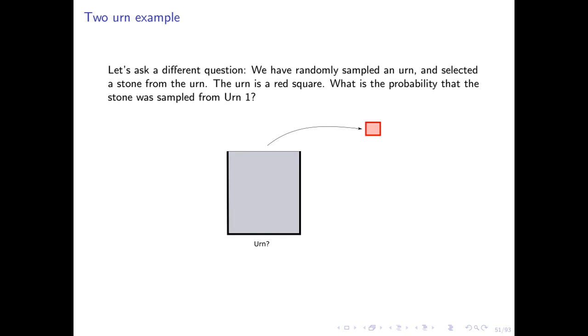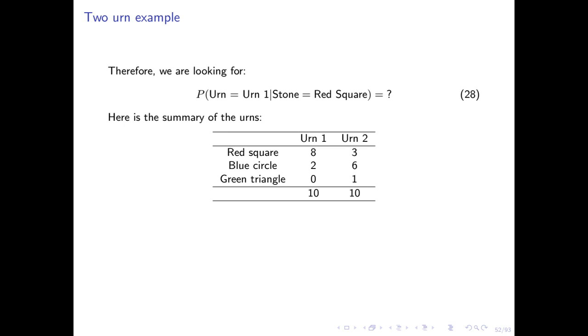So this is now the inverse problem, yes? Okay, yes. But we can start a bit simpler than Bayes' rule. We can again look at the numbers. So let's just look at the evidence. Given the red square we've selected, we know that we are either working with urn 1 or urn 2.